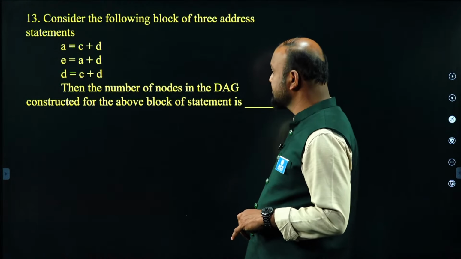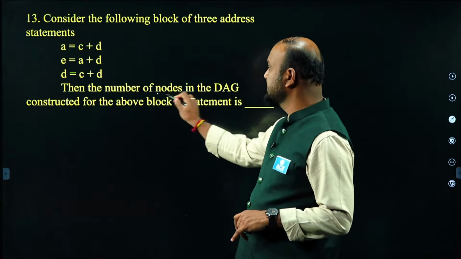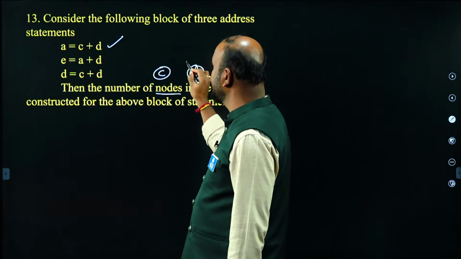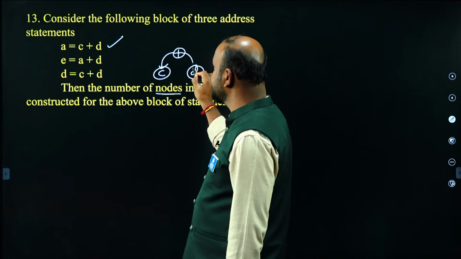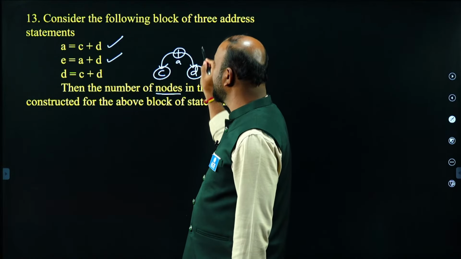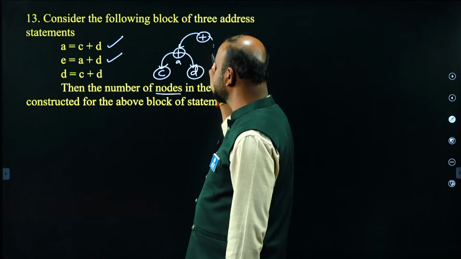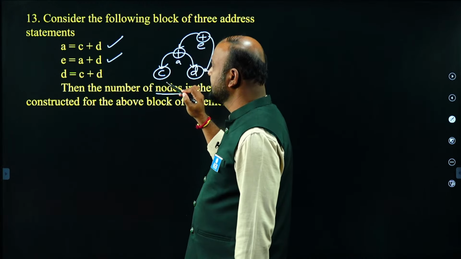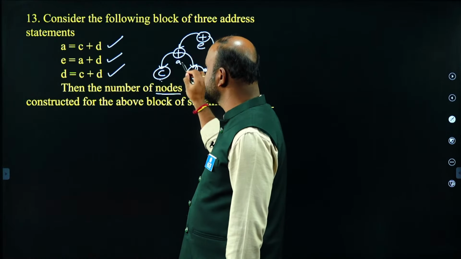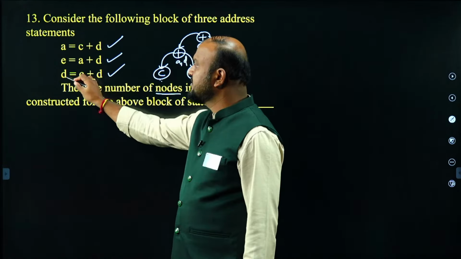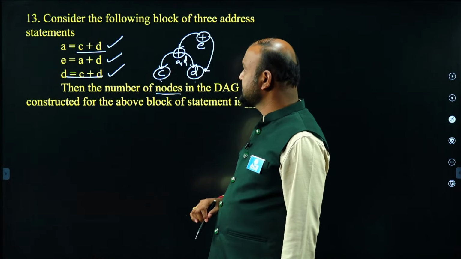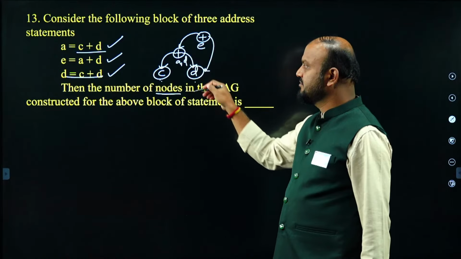So here is a question asked to find the number of nodes in the DAG. How do you do this? First we create a node for C, node for D, node for plus, adjacent nodes are C and D, name this node as A. Now node for A already there, node for D already there, now node for plus, adjacent nodes are A and D, name the node as E. Node for C already there, node for D already there, plus with C and D also there, this is D. Now we can call first one and third one are the common sub expressions, because common sub expressions are represented with the same part of the tree.